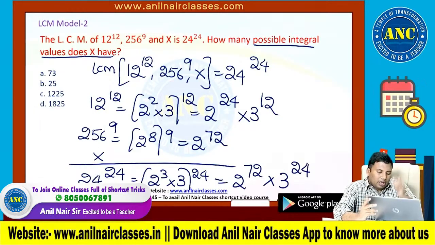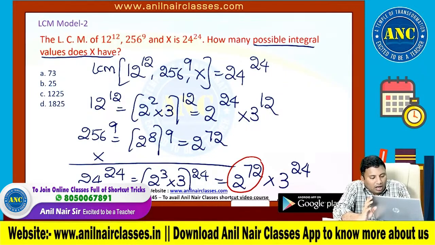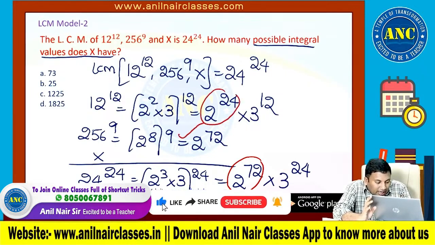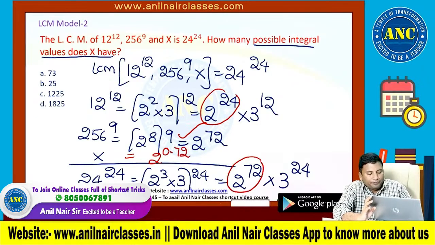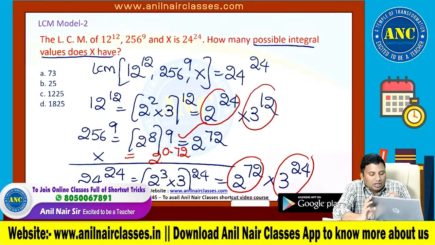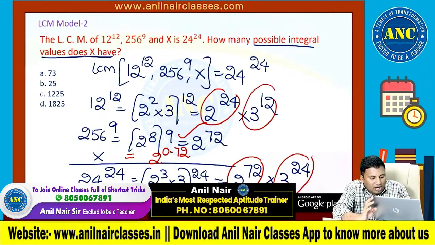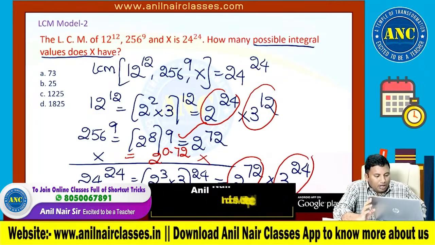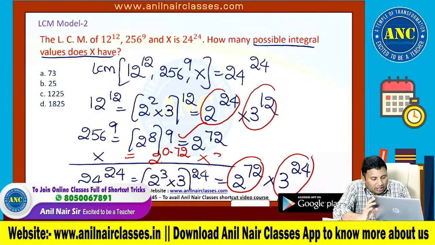Now see here, it is 2 power 72. Check whether it is present in any of these three numbers. Entire 2 power 72 is present in the second number, so x can take any value from 0 to 72. 3 power 24 is not present in the first, not present in the second, so definitely it should be present in the third.